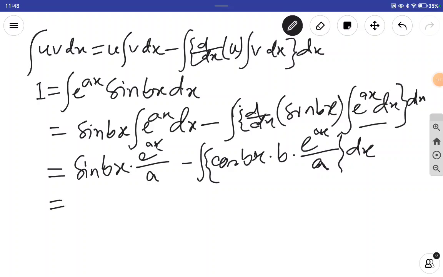So now 1 divided by a I am taking in front of this term.